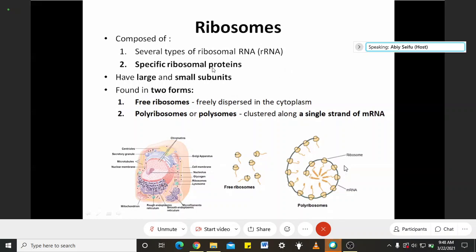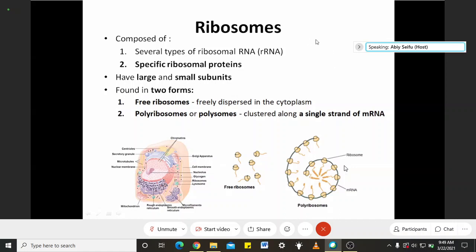These proteins are made in the cytoplasm under the instruction of the nuclear DNA, and then they would be taken into the nucleus. And in the nucleus, there is a region where ribosomes are assembled or synthesized.